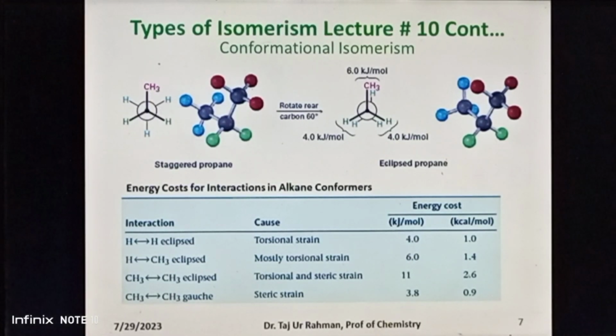The barrier between these two extreme conformations of propane is slightly higher, that is 14.1 kilojoule per mole, than that for ethane, which was 12.1 kilojoule per mole, and which we already discussed in our previous lecture on conformational analysis of ethane. This small difference in the energy barrier is due to greater steric strain or van der Waals repulsion in propane as compared to ethane.